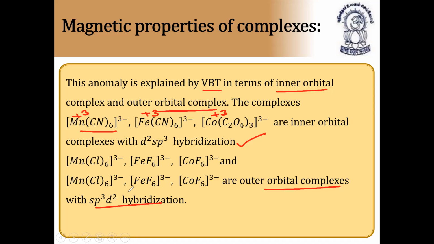So the number of unpaired electrons is the same in both cases, but one is an inner orbital complex as well as the other an outer orbital complex. Very, very important point.